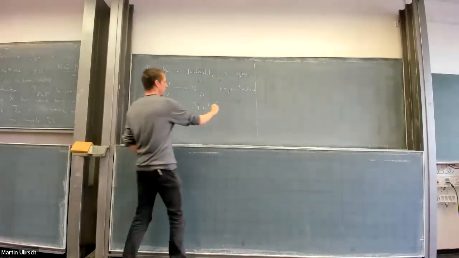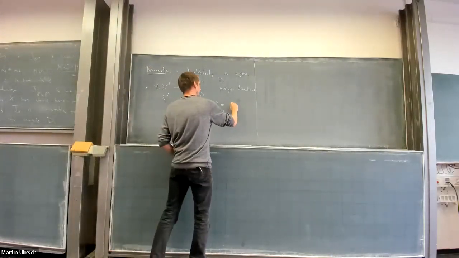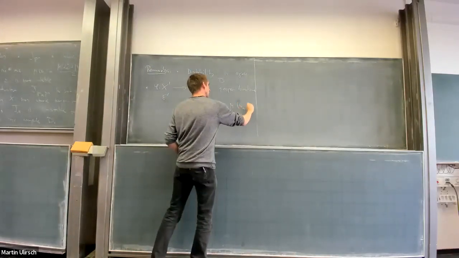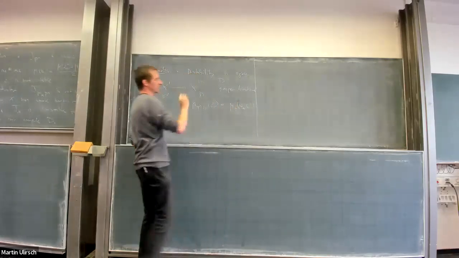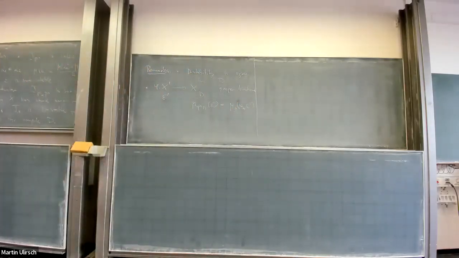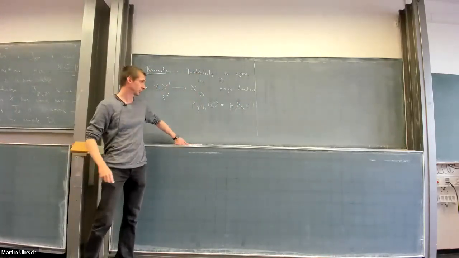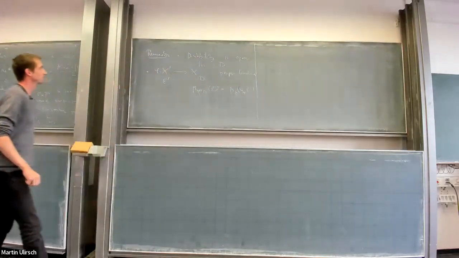Or I can push forward the vector bundle and calculate the slope with respect to D, and those two numbers are actually equal. This is just the projection formula. Okay.